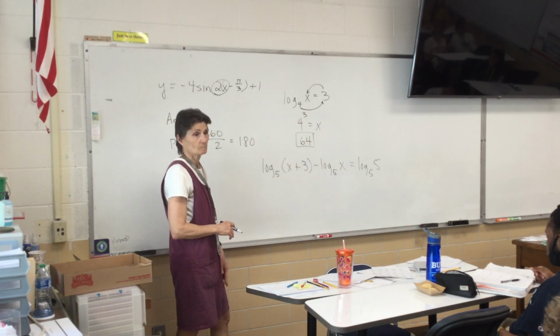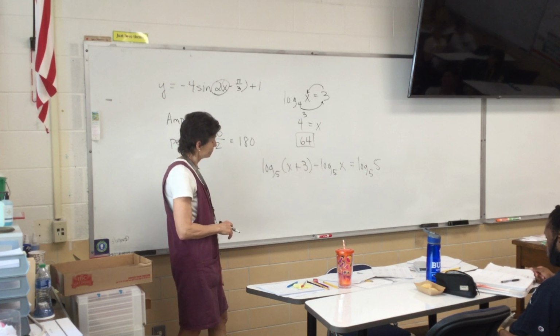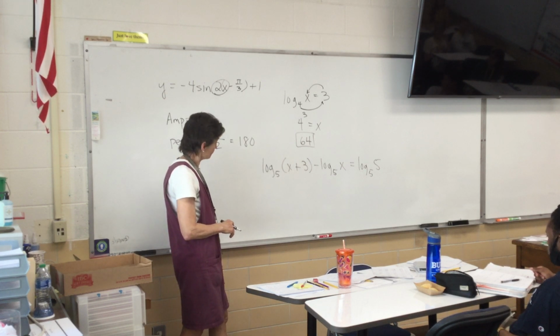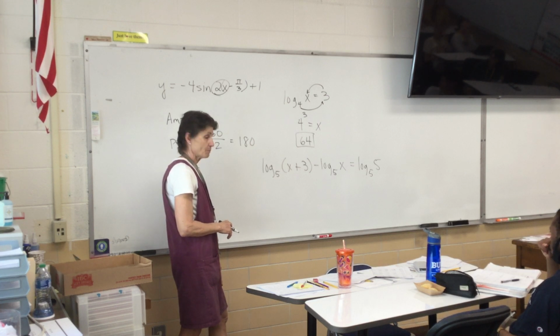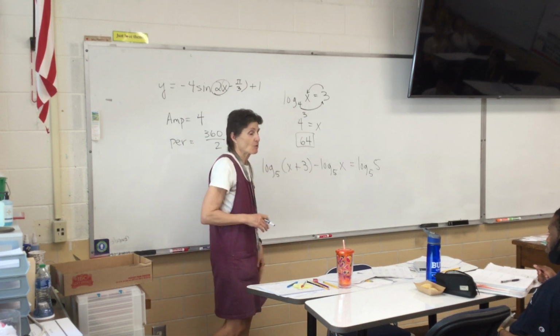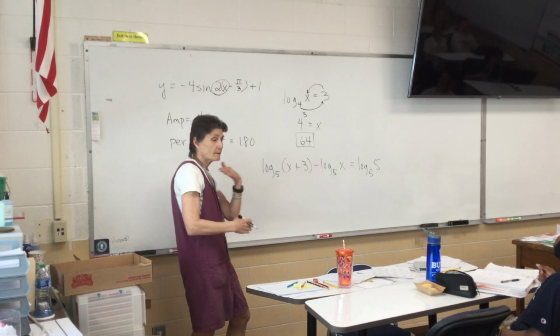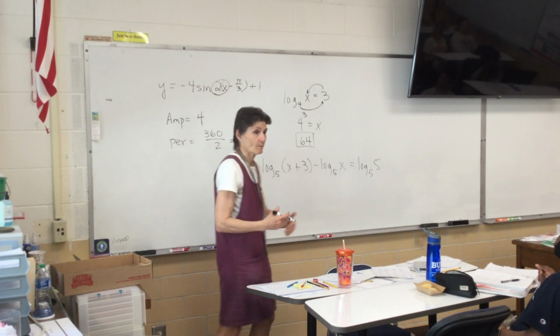I said x plus 3 over x equals 5. I got 3/4 as my final answer, and that may be the answer, I don't know, I have to work it out and see. But we need to understand what we're doing as we're doing it, right?